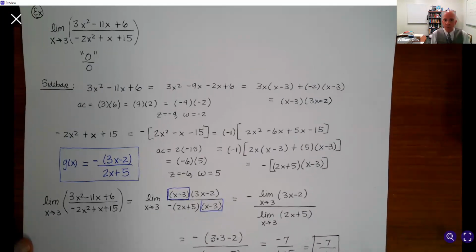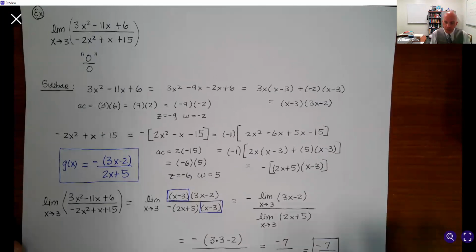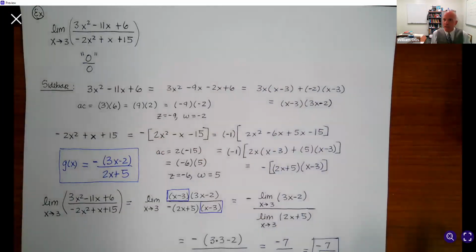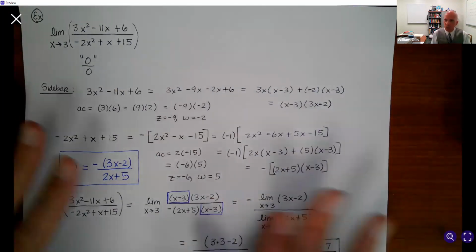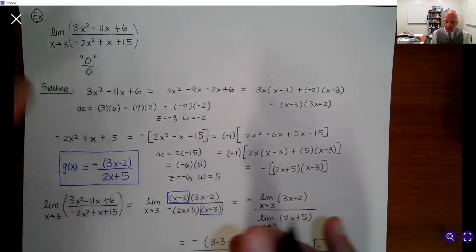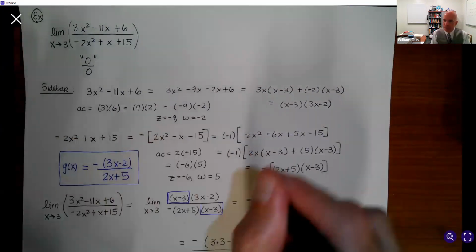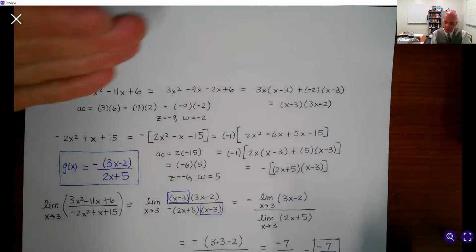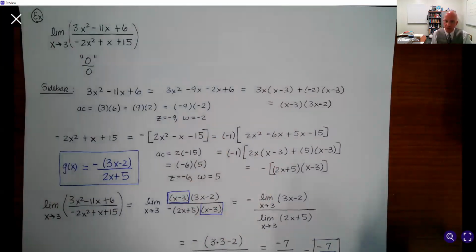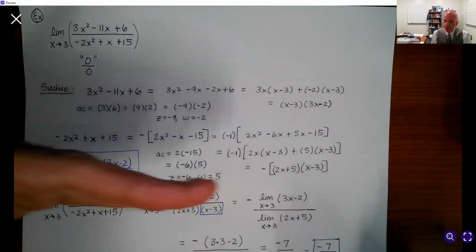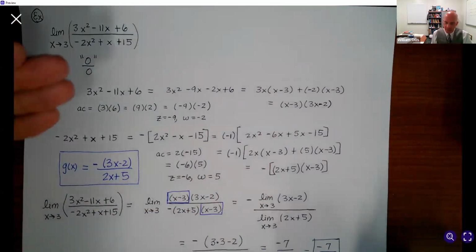Now, what's important here is the craft of doing the algebra, okay? I don't want to see a lot of chicken scratch and just hit and miss kind of factoring. When I teach my college algebra kids and pre-calculus kids, we cover factoring methods, the AC method like this.